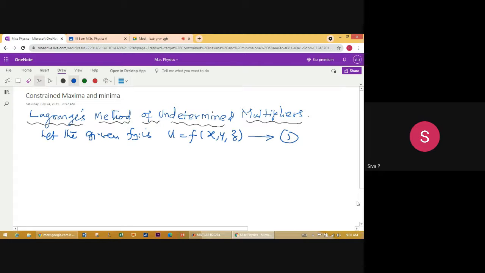For this function we are going to find the extremum, subject to the constraint phi of x, y, z equal to 0.